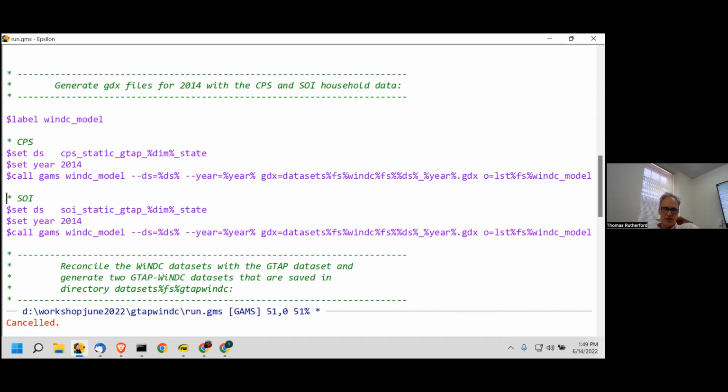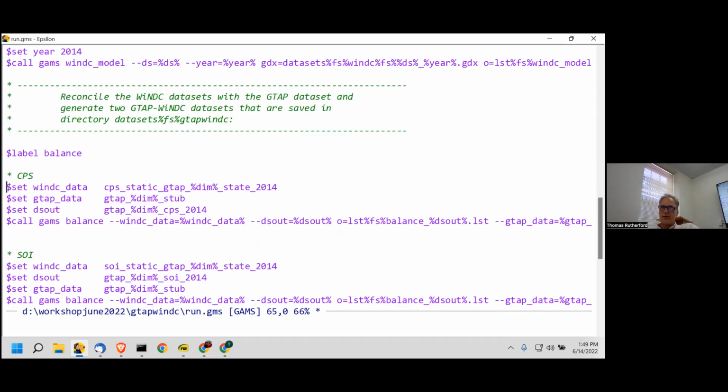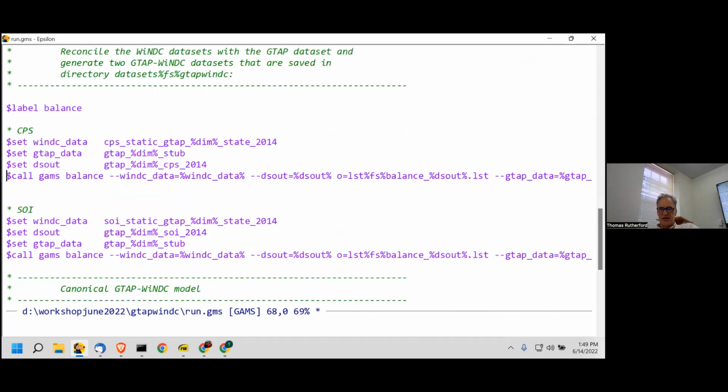Okay, so that's got those two different household variations. And then we get down to where the balancing takes place. So balance operates here for either of the household disaggregations. This says, what's the WiNDC data set we're working with? What's the GTAP data set we're working with? What name do we want to give to the output file?